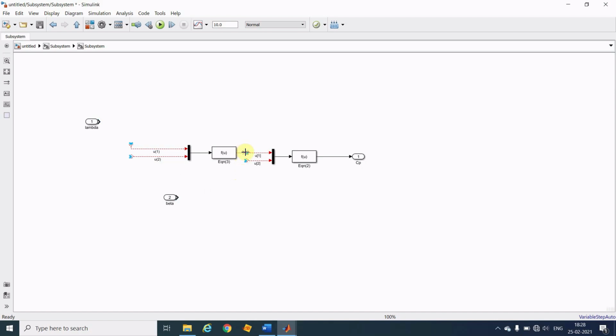This one was u1. Equation 3 was u1, that is 1 by lambda I, and this is beta. u2 always was beta. Okay, so from here also you give it. Okay, and this one is the lambda.